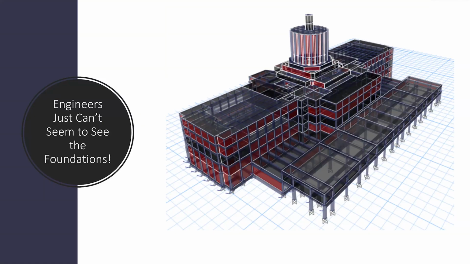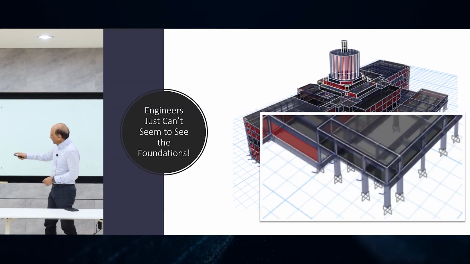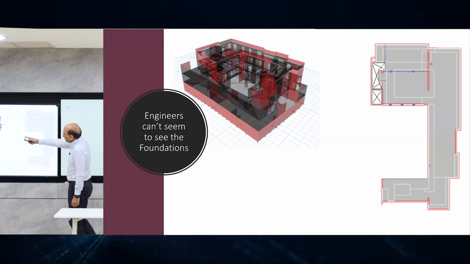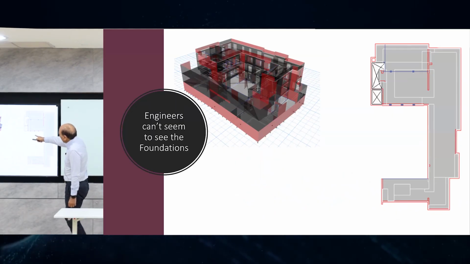But look at the foundation. Because foundations were not part of the CAD model, nothing came in, and he just put the fixed line over there and forgot about it. There's a foundation and soil below that, but the architect didn't put it in their model, and the structural engineer also didn't bother to think about it. So on one extreme, you have this; at another extreme, you have all of that.